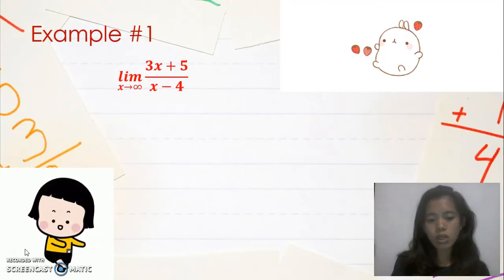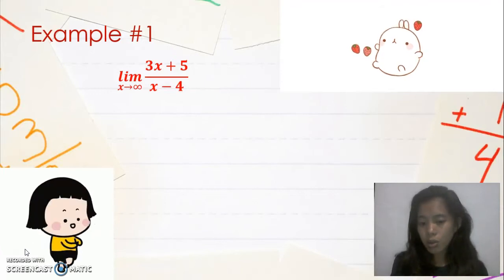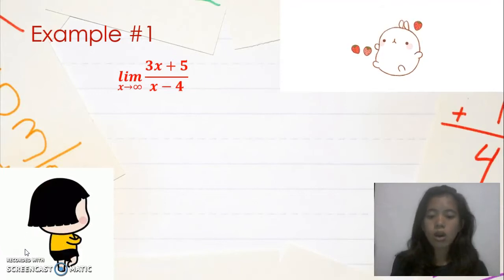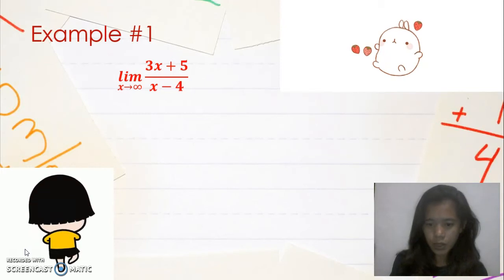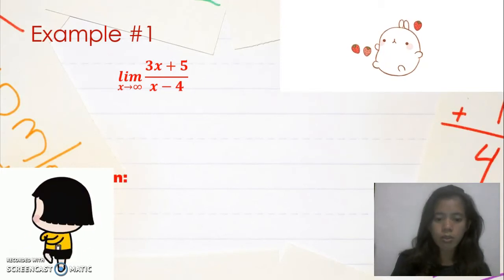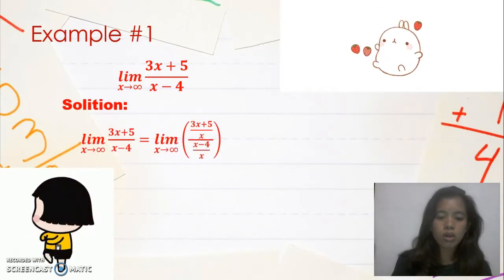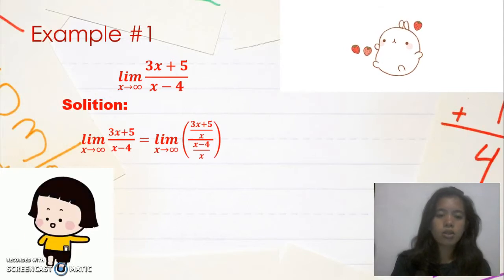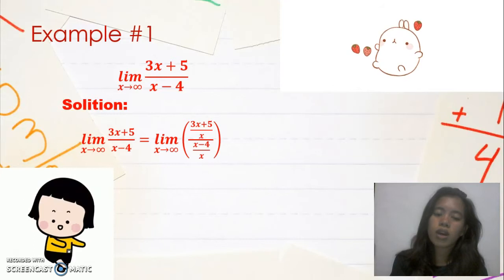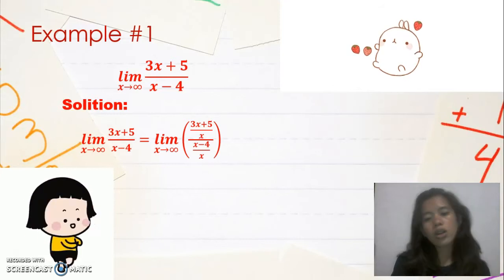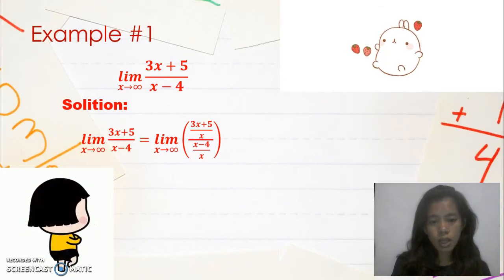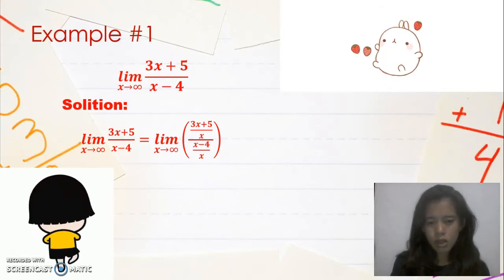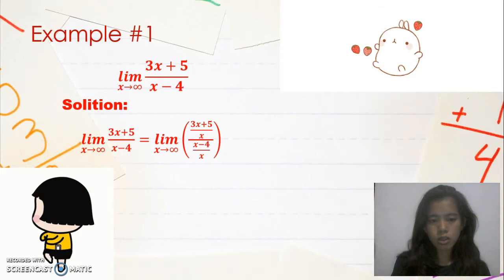First, divide the numerator and denominator by the highest power of x in the denominator. So here we will divide the top and bottom by x. So the limit of (3x plus 5 over x) all over (x minus 4 over x), as x approaches infinity.